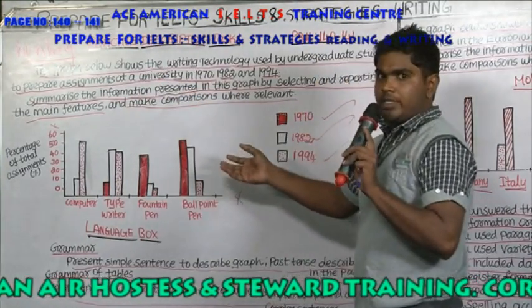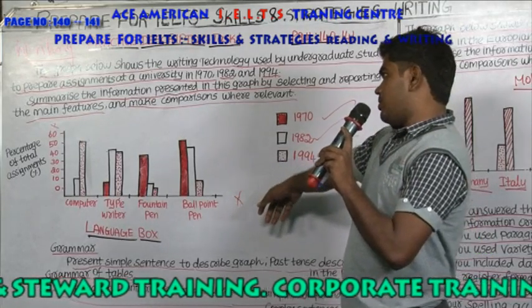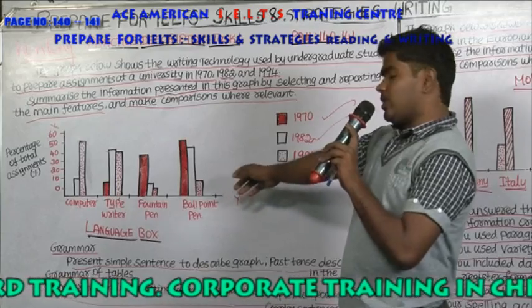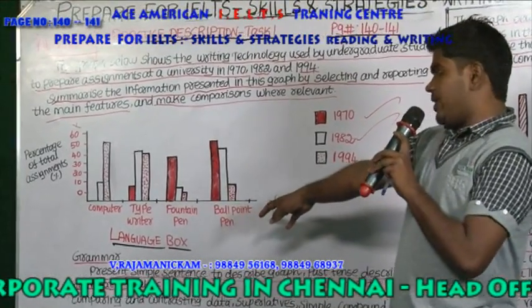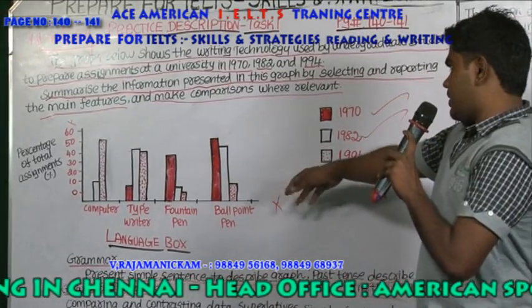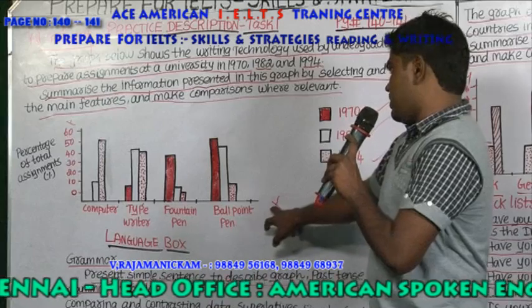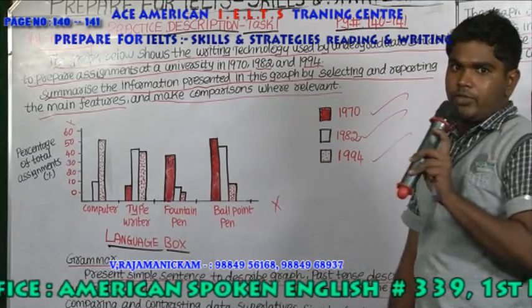The information is given on an x-axis and y-axis. What are the writing technologies? The computer, typewriter, fountain pen and ballpoint pen. So here we have a comparison. The x-axis refers to the writing technologies, and the y-axis refers to the percentage of total assignments.